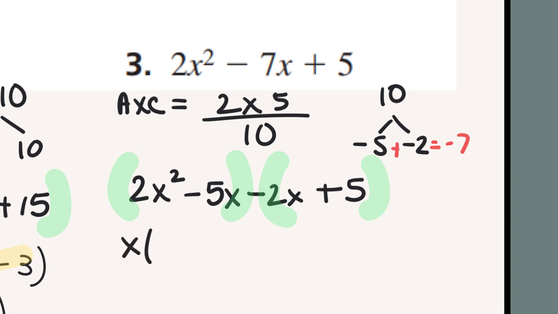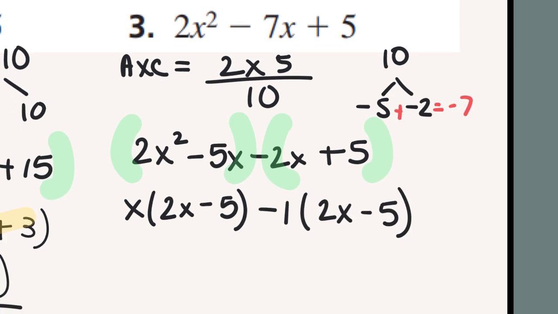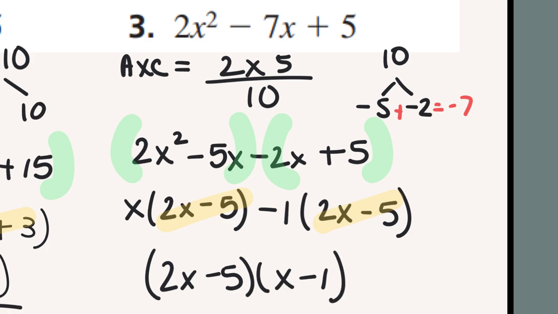X times 2x minus 5, minus, I cannot factor anything out, so I'm going to have a 1. I'm going to be left with 2x minus 5. The insides of both parentheses are the same, so my final answer is 2x minus 5 times x minus 1.